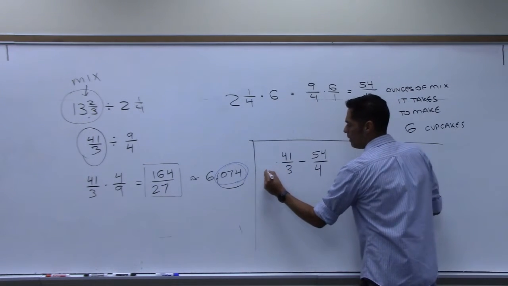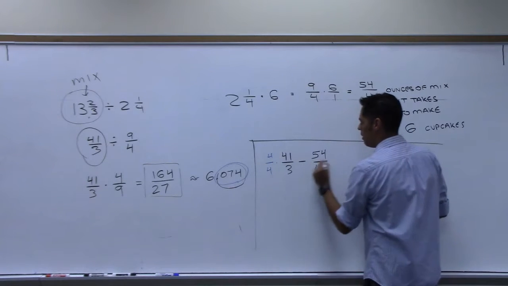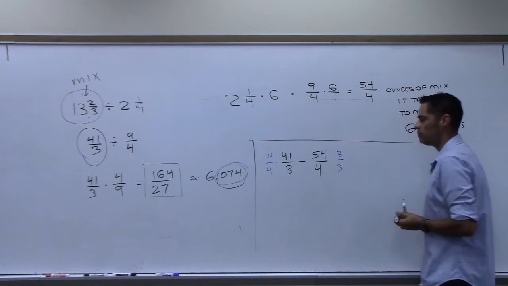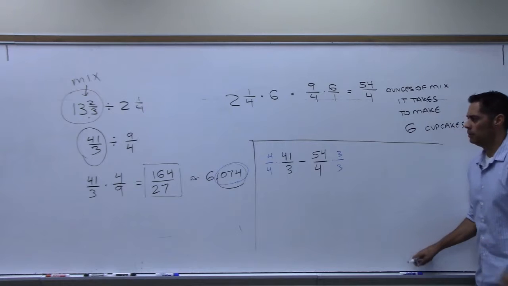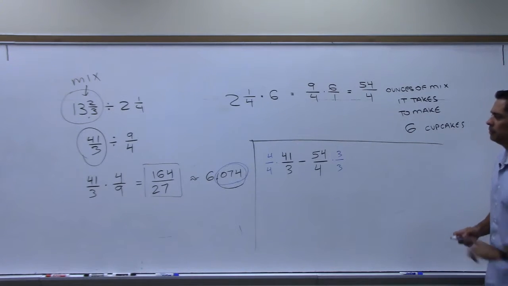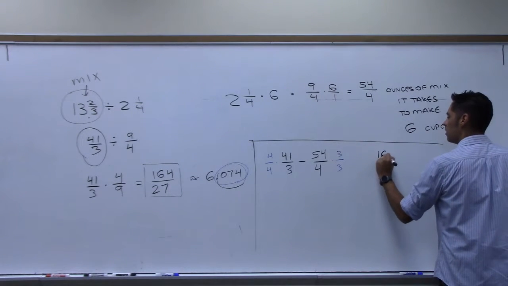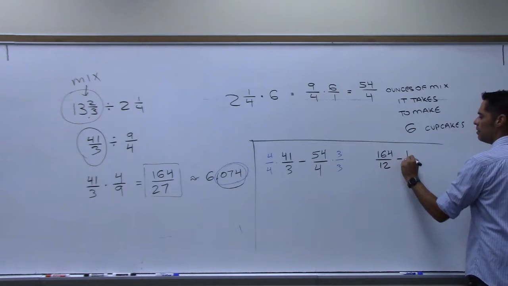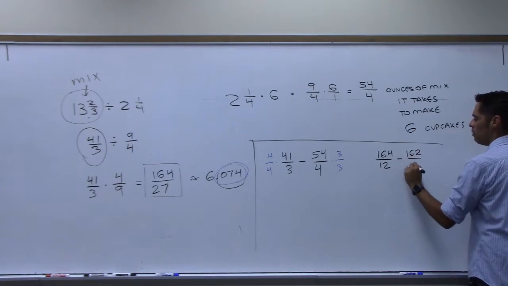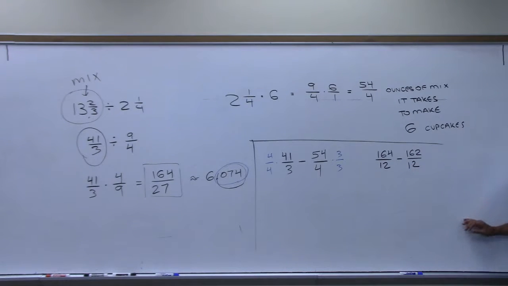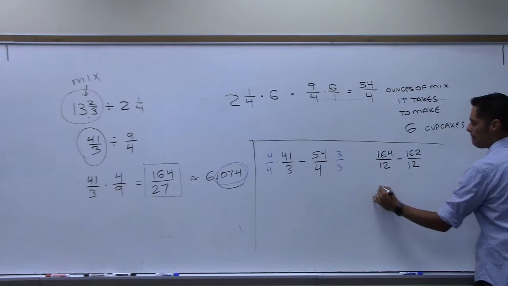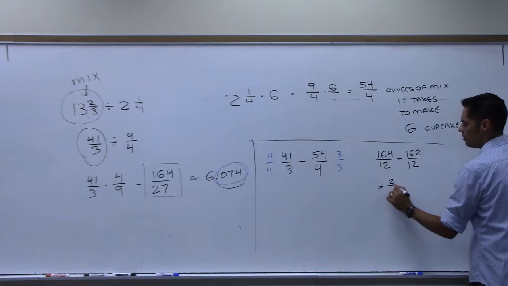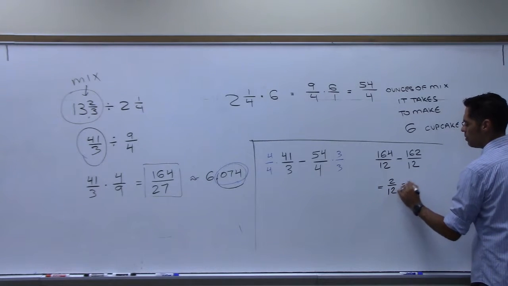12. So I multiply 4 here, 4 here, 3 here, 3 here. So what do we have? 164 over 12 minus 162 over 12, which is 2/12, which is 1/6.